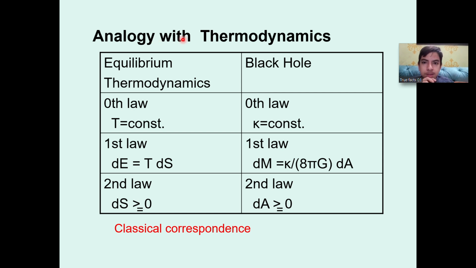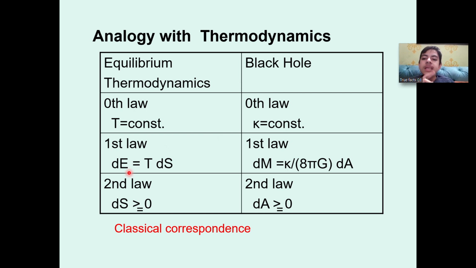So we take an analogy with thermodynamics, that is, equilibrium thermodynamics, for the black hole. We have equilibrium thermodynamics and black hole thermodynamics to match them both. The zeroth law is T equals constant, whereas the zeroth law for black hole thermodynamics is kappa is constant.